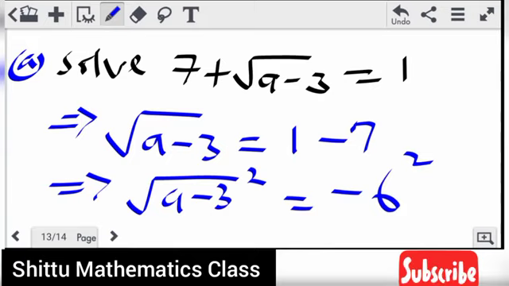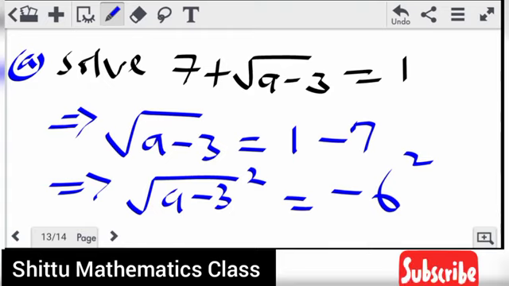Now from here, I'll be very glad to tell you that this equation has no solution. The reason is that the index of the radical is an even number, which is 2.